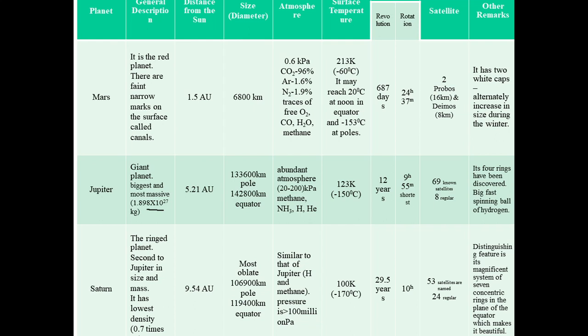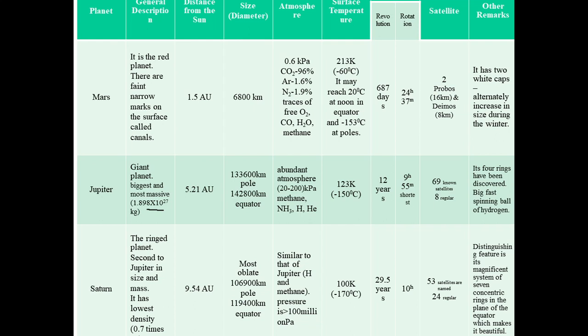Regarding the atmosphere, it has an abundant atmosphere whose pressure varies from 20 to 200 kilopascals. The atmosphere mainly consists of methane, ammonia, hydrogen, and probably water and helium are also there in the atmosphere of Jupiter.